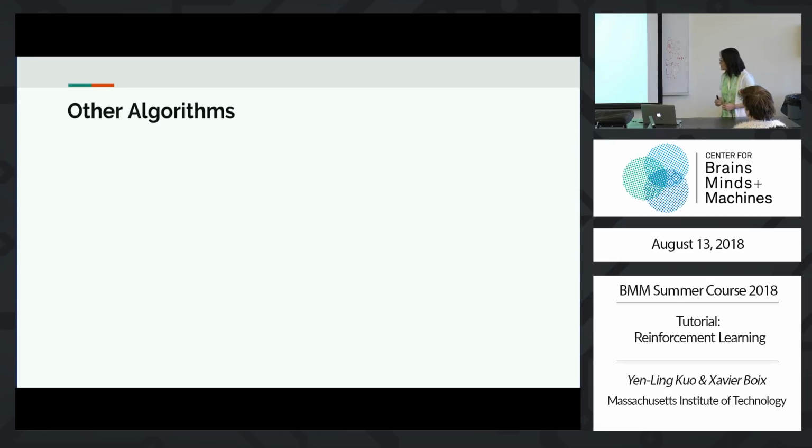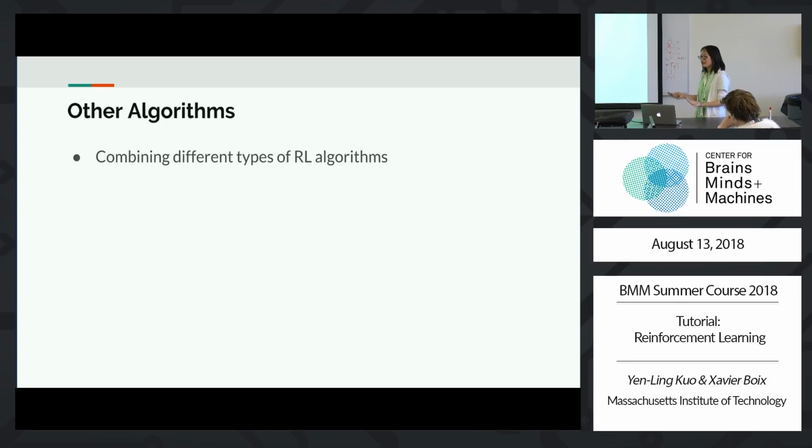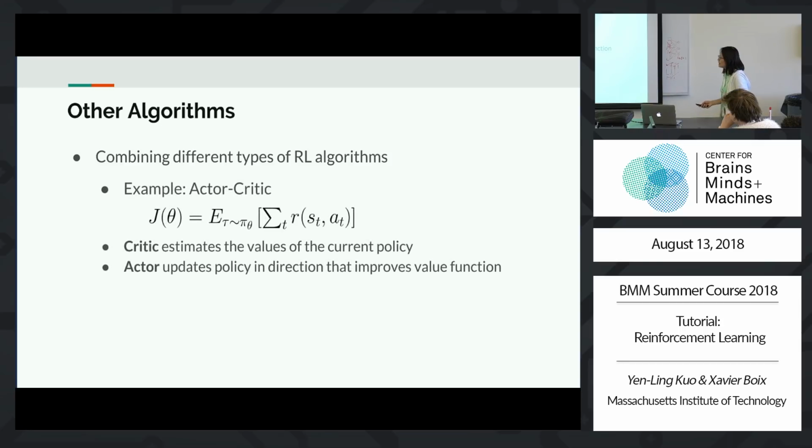Yeah, so this is a brief discussion about different types of RL algorithms. But of course, there are several model families we haven't talked about. One thing is that people usually try to combine different types of reinforcement learning algorithms together to get the best of different worlds. One example is the actor-critic algorithm you may have heard of.